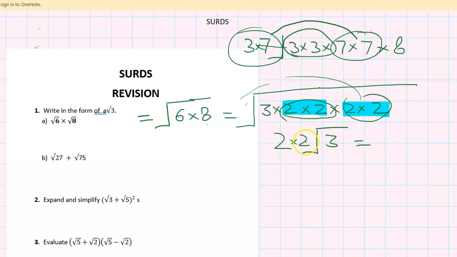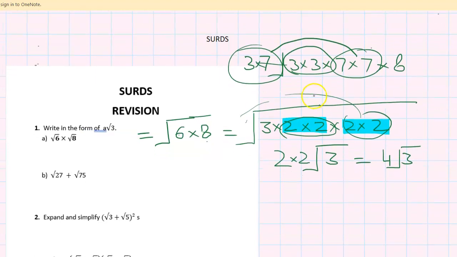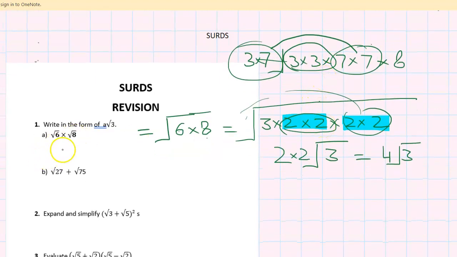This can be written as 2 multiply 2 is 4 root 3. So the answer of this question is 4 root 3, and this is in the form of a root 3. So a is 4.